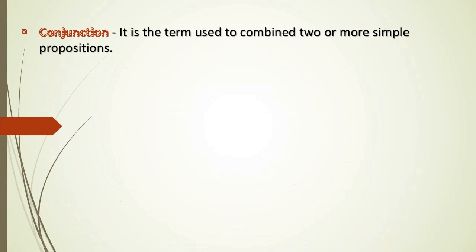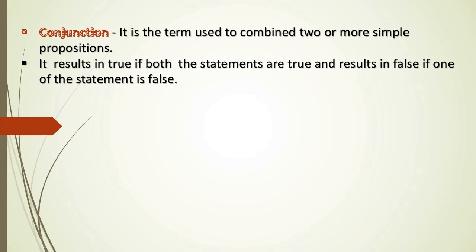Now let's see conjunction. Conjunction represents the AND logical operation. It is a term used to combine two or more simple propositions. It results in true if both the statements are true, and results in false if one of the statements is false. Let's again take an example to understand this.